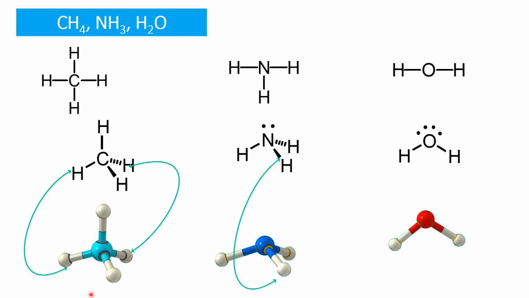Now, if we look at ammonia, we have 3 hydrogens at the base of a pyramid where nitrogen is at the apex. With water, we only have this molecule that is bent. There's only 2 hydrogens bent.